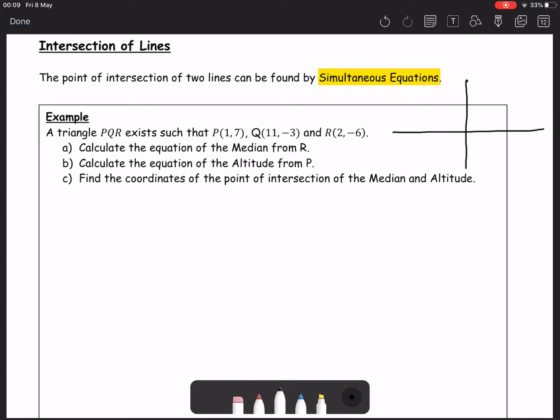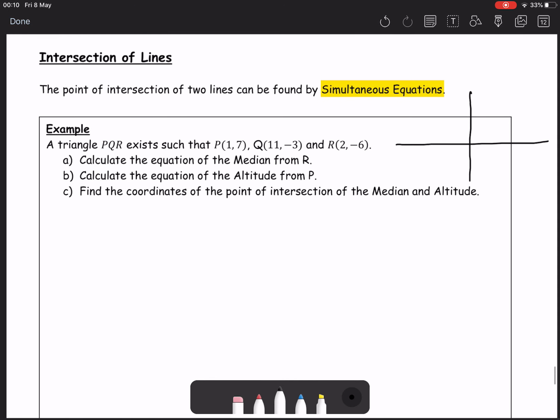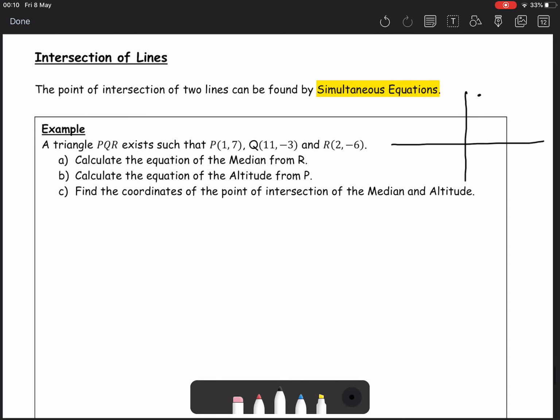So we have point P is (1, 7), Q is (11, -3), and R is (2, -6).